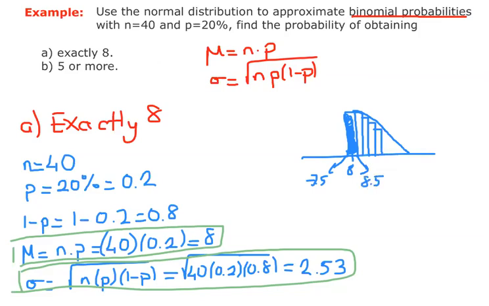So what we are looking for when we say exactly 8 is the area of the histogram bar at 8. And 8 is my mean, so I can easily find the area of this part using my formula. Let's go to the next page and try to do this problem.